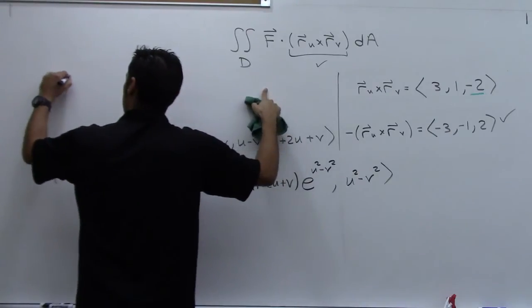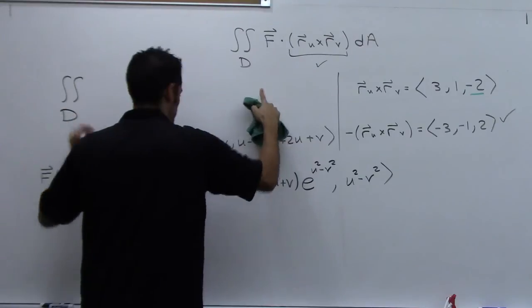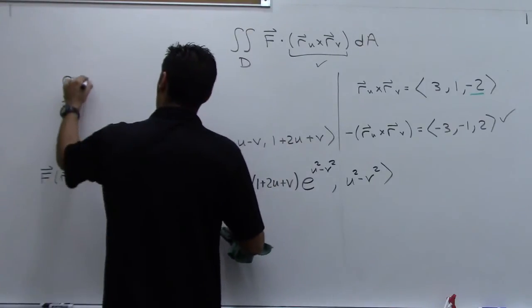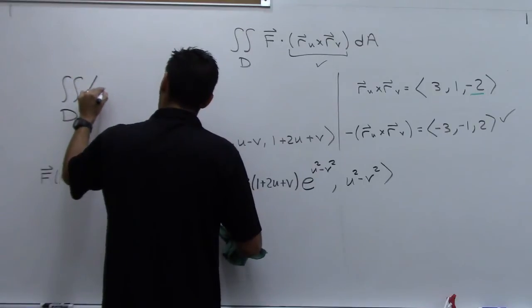So I have the double integral over the region D. D are my restrictions on u and v. F evaluated at the surface, which is this.